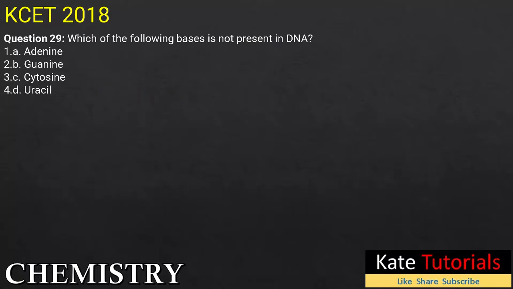Coming to question number 29. Which of the following bases is not present in DNA? DNA has bases. What are the bases? It has A, T, G, C: adenine, thymine, guanine and cytosine. These are the bases present in DNA. Whereas in RNA, the bases A, G, C are the same.